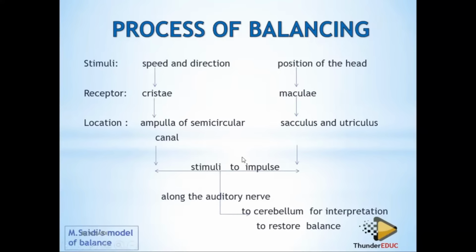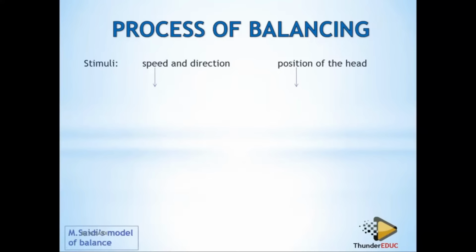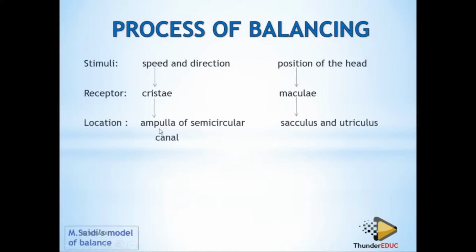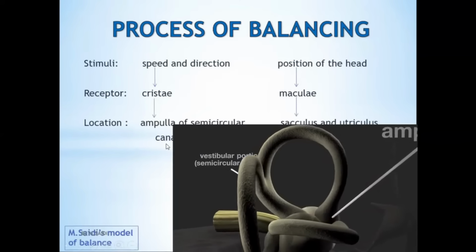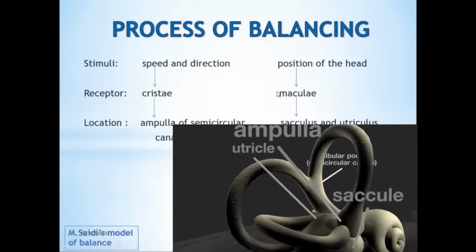So how do we explain this? Now you're writing what is needed, like for example in a paper. Change in the speed and direction of the head, comma, stimulates the cristae found in the ampulla of the semicircular canal, comma.